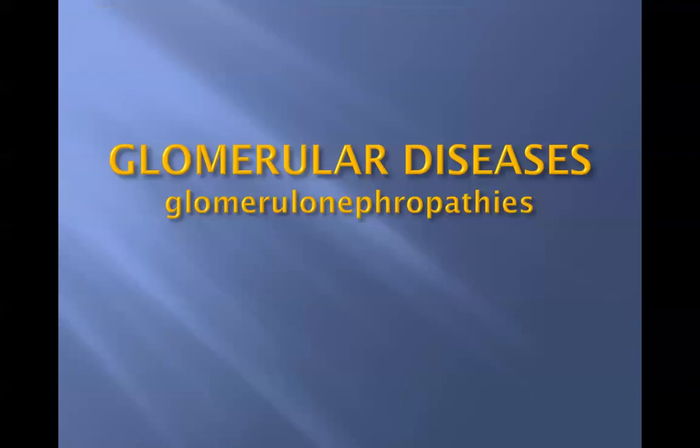Okay. Now coming to the glomerular diseases or glomerulonephritis. Today we will be discussing the acute one. Tomorrow we will be discussing the chronic or nephrotic syndrome. Today we will be discussing nephritic first. So there are some clinical manifestations that you should know before proceeding towards any of the entities.